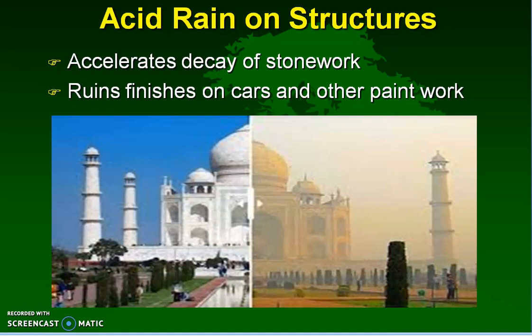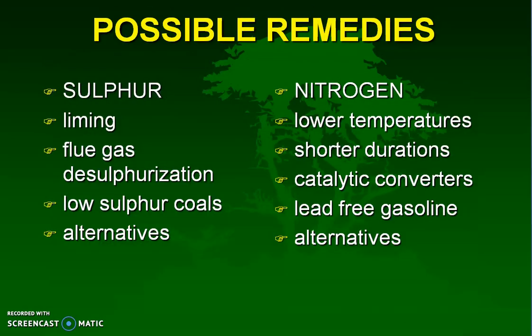And the possible remedies to overcome the problem of acid rain: to reduce the sulfur content in the atmosphere, we should go for liming, flue gas desulfurization, low sulfur coals, and we must switch over to alternative methods.